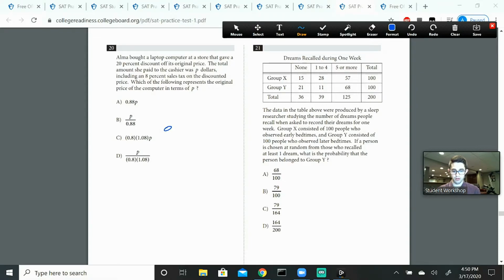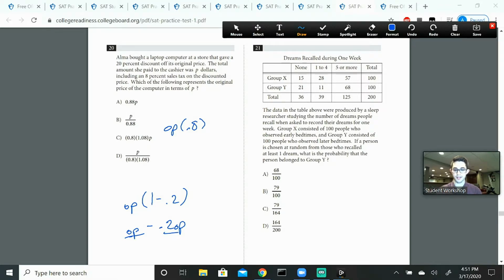So I'm going to say the original price is just OP, and that had a 20% discount on it. So we can represent that by multiplying by 0.8, which is essentially just 1 minus 0.2 times OP, which, if we distribute the OP, is the original price minus 20% off the original price. So that's where I got the 0.8 from.